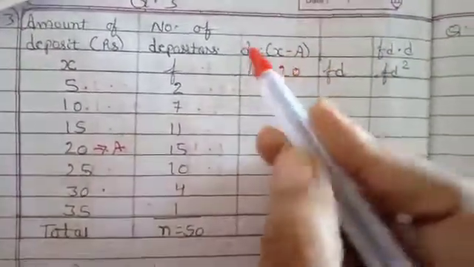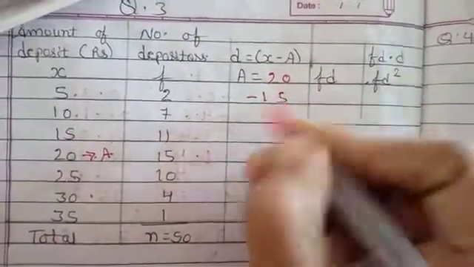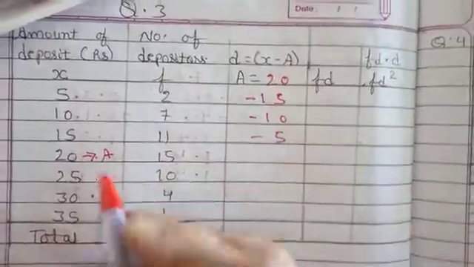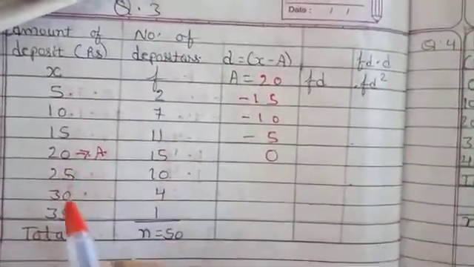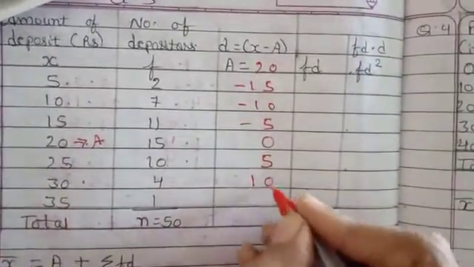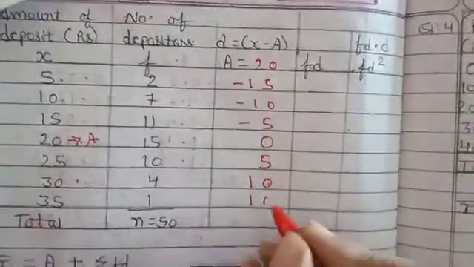So X minus A, I'll calculate my deviation. 5 minus 20 is minus 15. 10 minus 20 is minus 10. 15 minus 20 is minus 5. 20 minus 20 is equal to 0. 25 minus 20 is equal to 5. 30 minus 20 is equal to 10. And 35 minus 20 will give you 15.